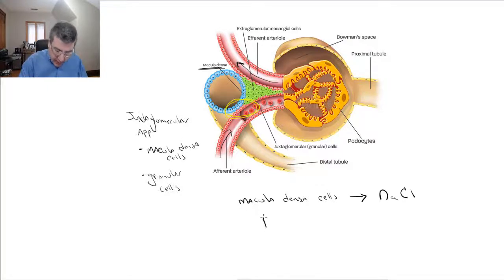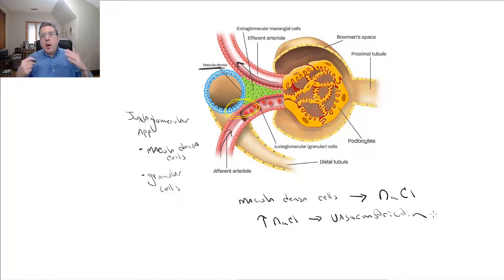If you have high levels of sodium chloride within the tubular fluid, that's going to cause vasoconstriction of the afferent arteriole.